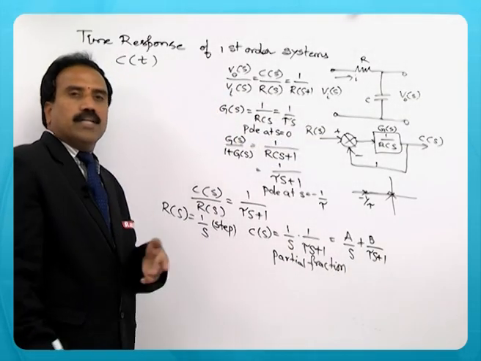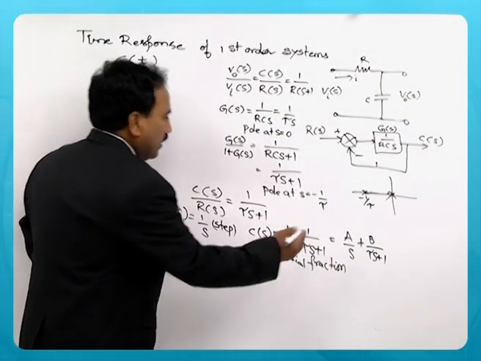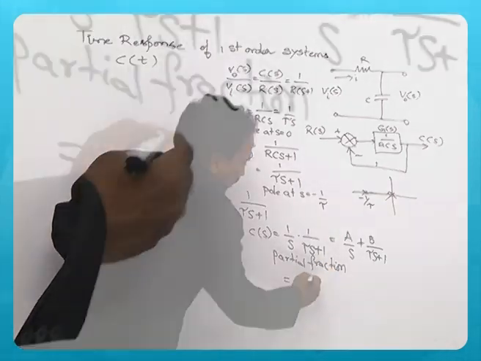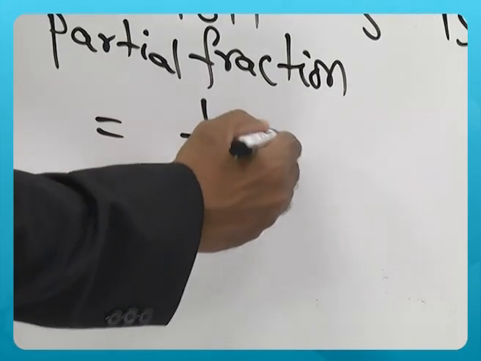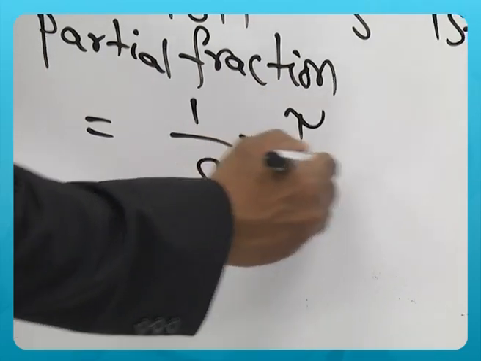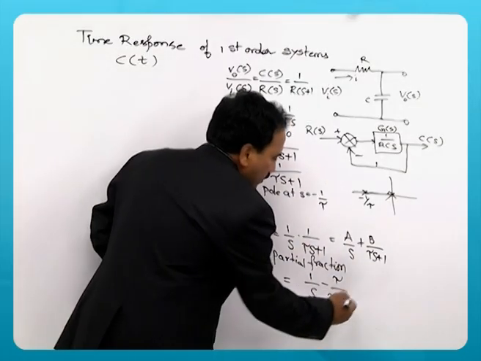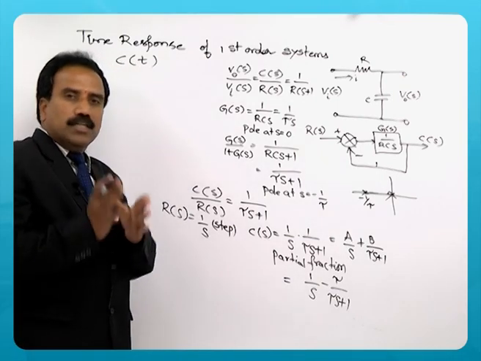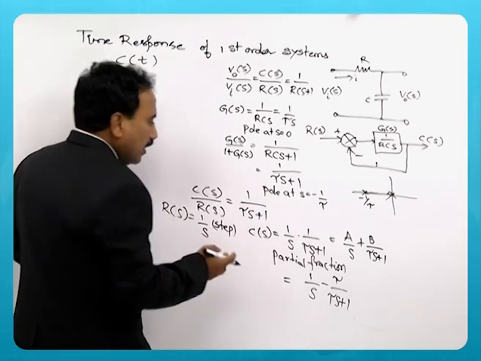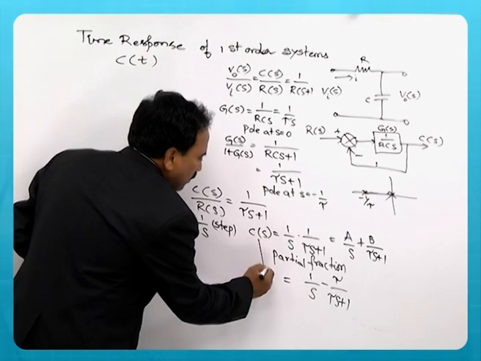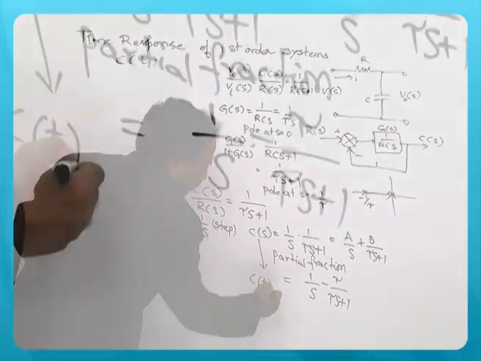You need to get the constants a and b, and what you get here is a as 1 and b as minus tau, over tau s plus 1. That means you now have a function still in the s domain. Now, you need to get C of t from this C of s.